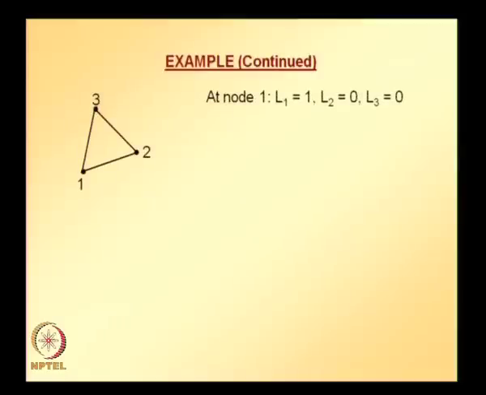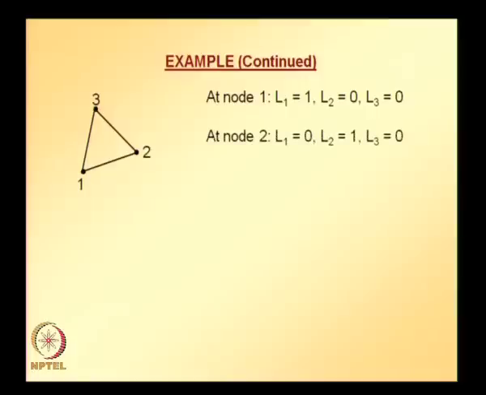This is the triangle that is given having nodes 1, 2, 3, and I already explained that at node 1, L1 is equal to 1, L2 is equal to 0, L3 is equal to 0. So, that is how node 1 is numbered as 1, 0, 0 in the 3 subscript numbering scheme.